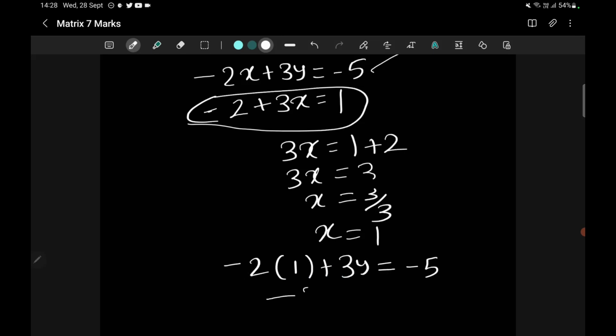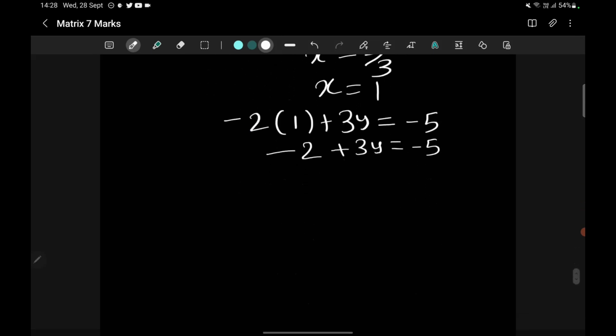So it will be -2 times x, and x is 1, plus 3y is equal to -5. -2 into 1 is -2 plus 3y is equal to -5. Then we'll keep this plus 3y this side and take this -2 this side, so it will become +2. 3y is equal to -5 plus 2, which is -3.